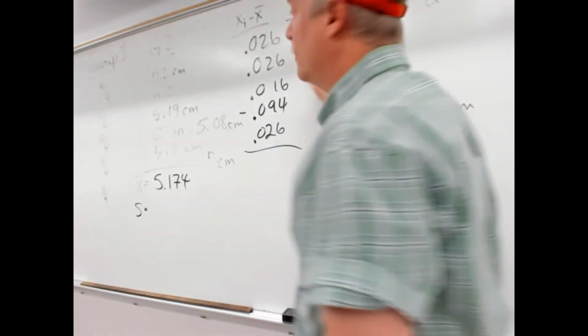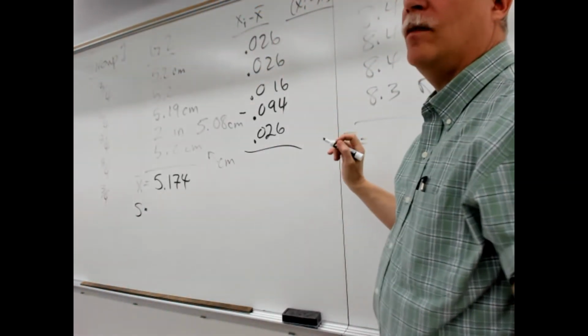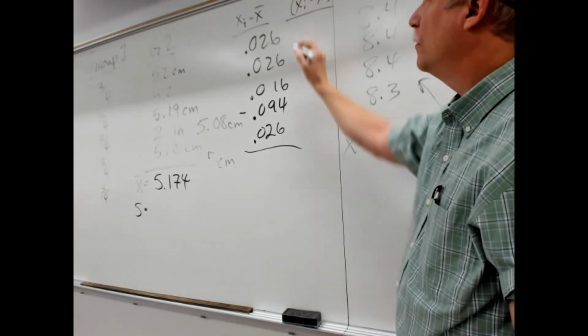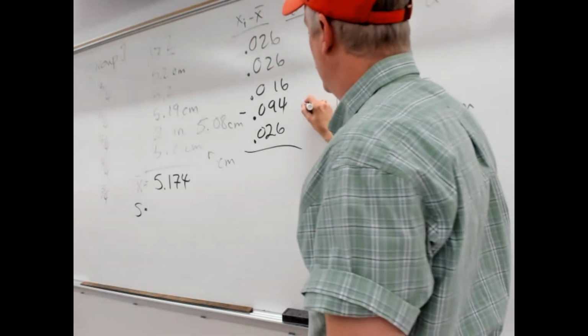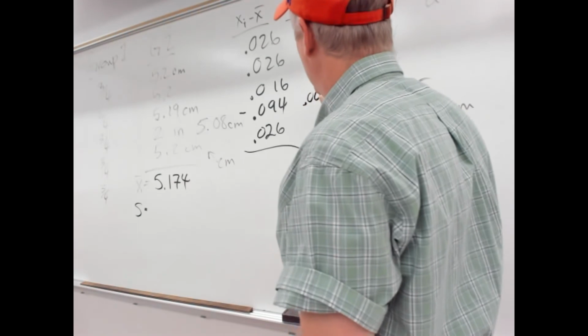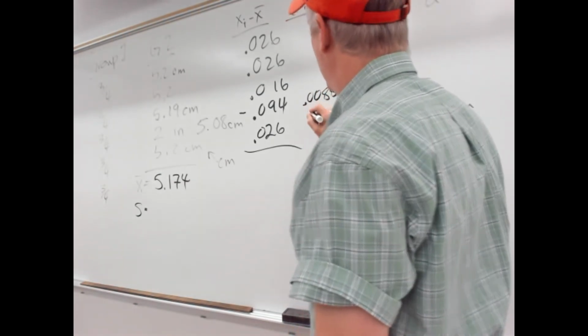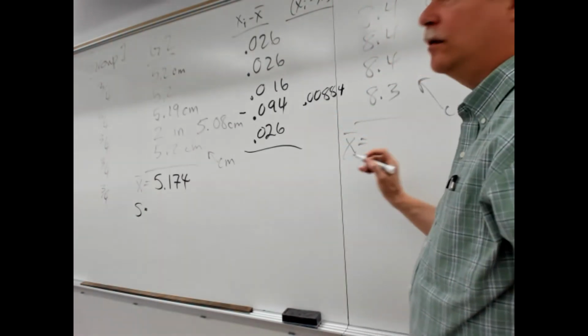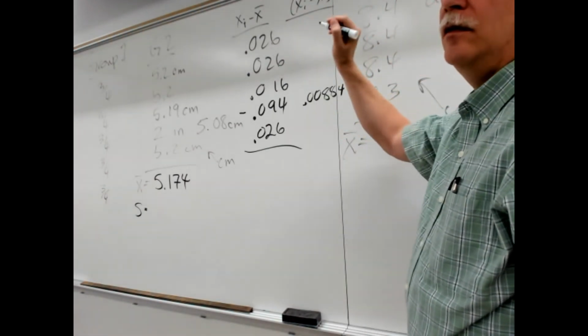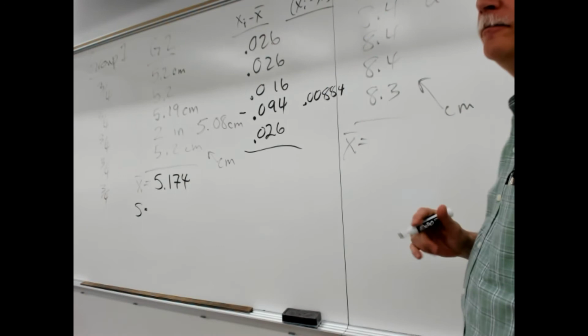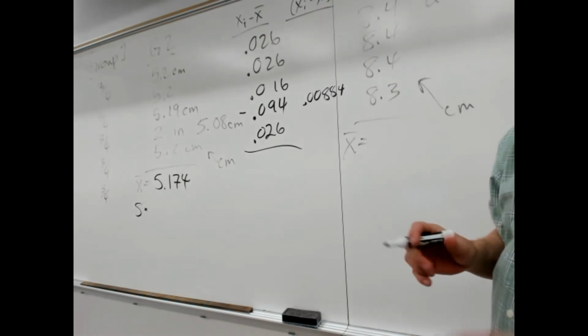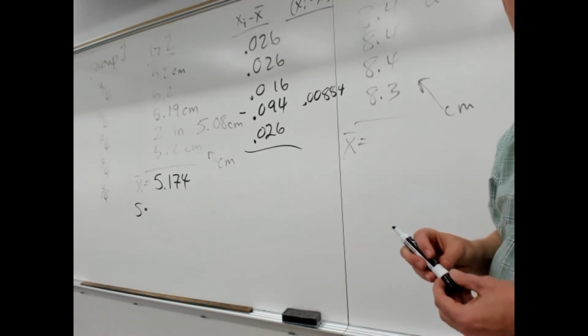So I'll make squares of these. The square for the 0.094 is 0.008836. Okay. And then someone do another one. Come on, we don't have much time.